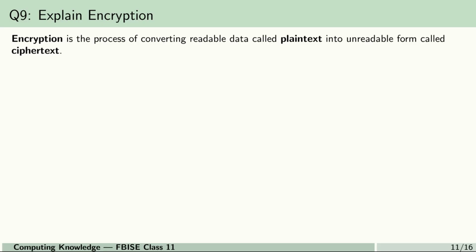Explain encryption. Encryption is the process of converting readable data called plain text into unreadable form called ciphertext. Encryption protects sensitive information from unauthorized access.